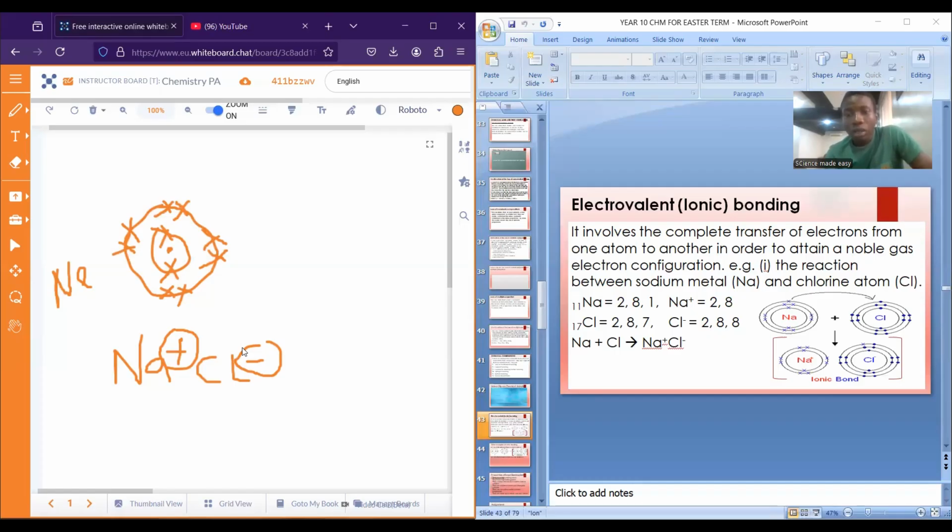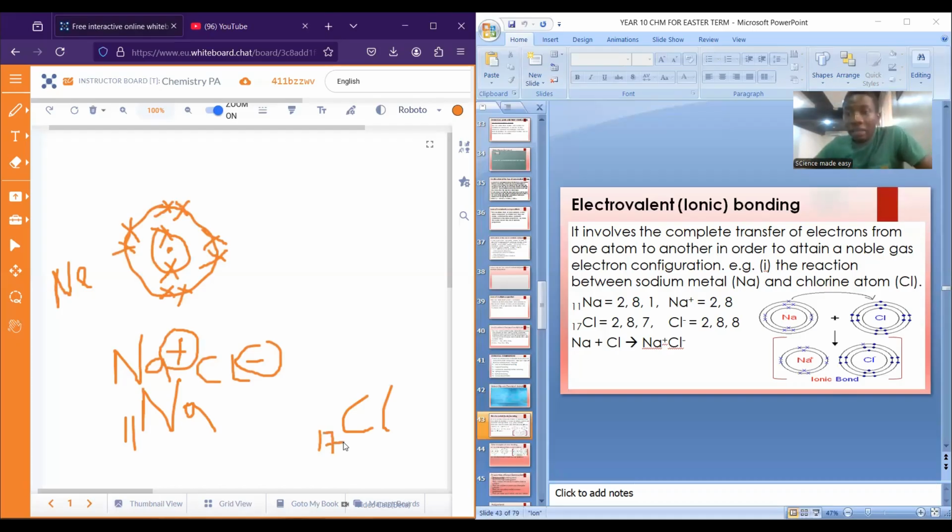So if we have a metal combining with a non-metal, that is where we have our electrovalence combination. Normally sodium contains 11 electrons, and our chlorine contains 17 electrons.